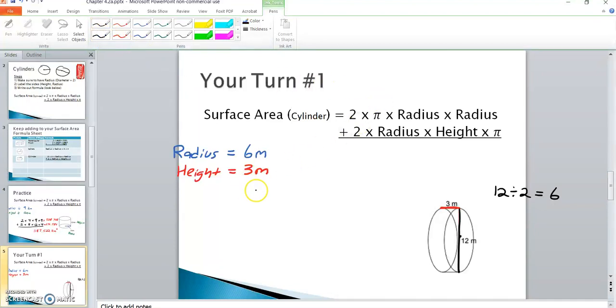Alright, so filling in our formula, I would actually like you to pause the video and fill in the formula for yourself. So go ahead and pause the video. Alright, so you should have 2 times pi times 6 times 6 and 2 times 6 times 3 times pi.